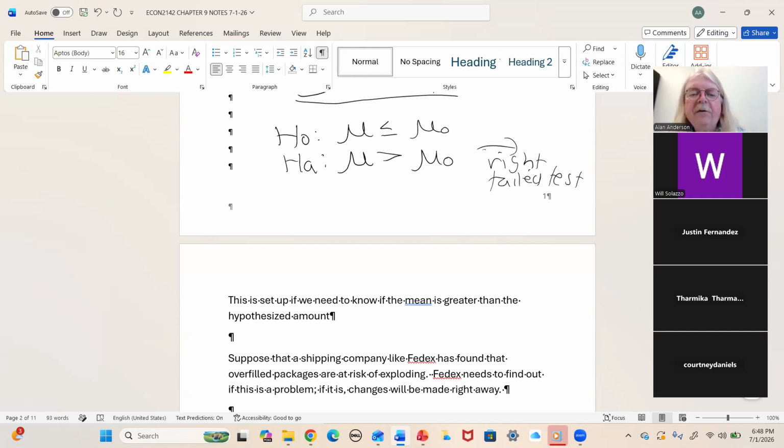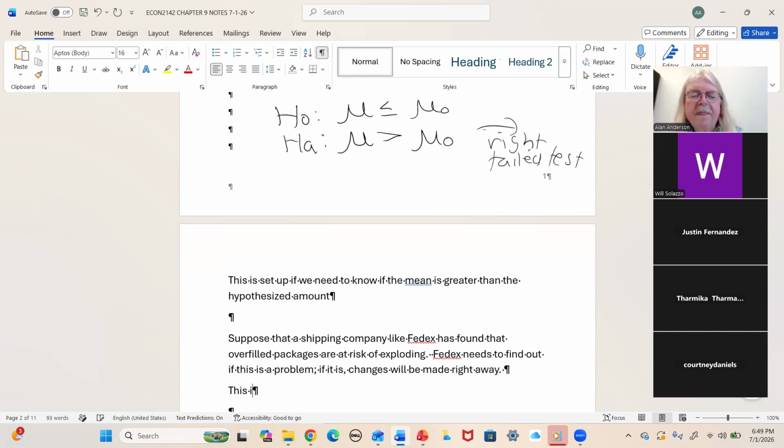So that would be an example of a right-tailed test, because we are looking for strong evidence that the packages are overfilled.